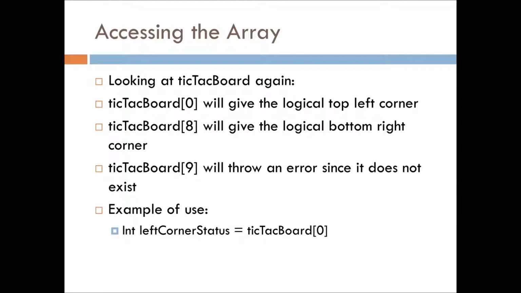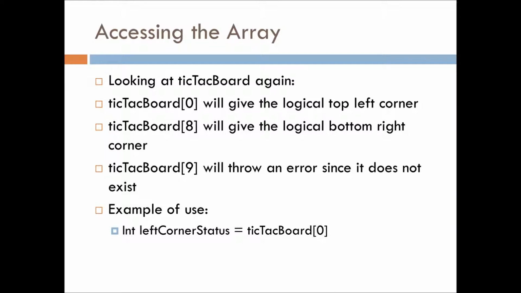And then to access the very last spot on the board, you would say 8, which makes that size 9. If you try to access tic-tac board at 9, it will throw an error because you're going outside of the size limits of the tic-tac board.